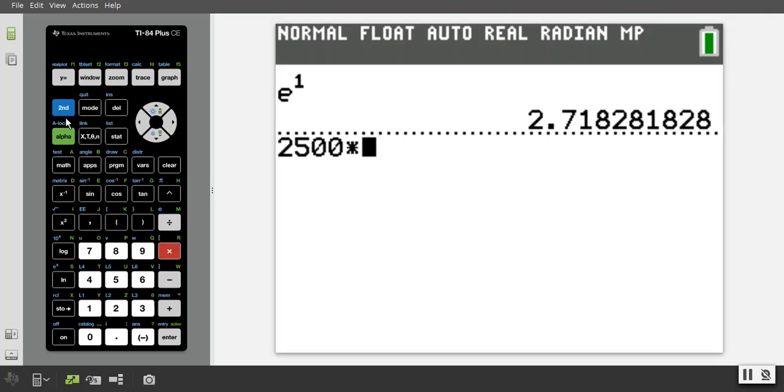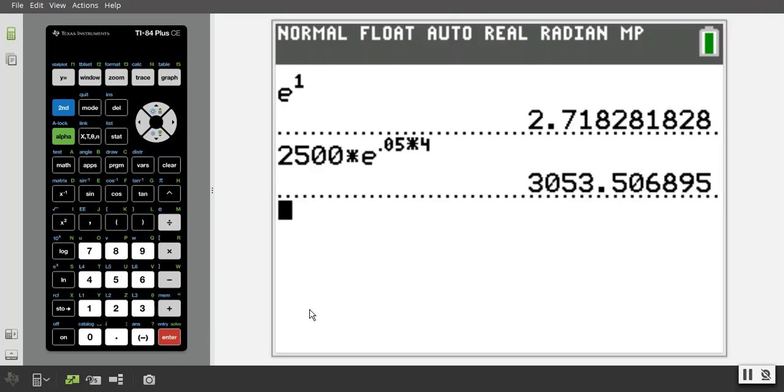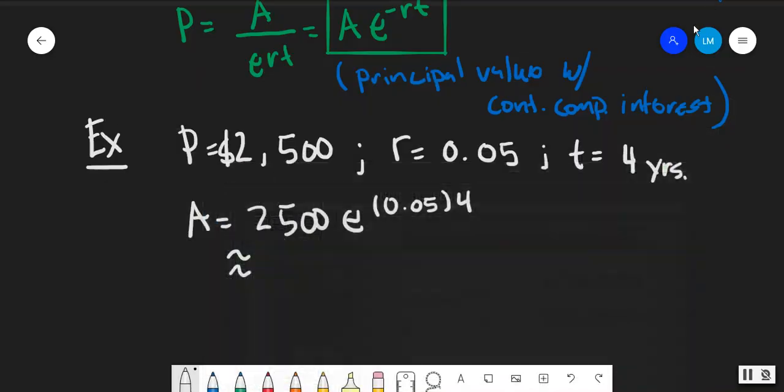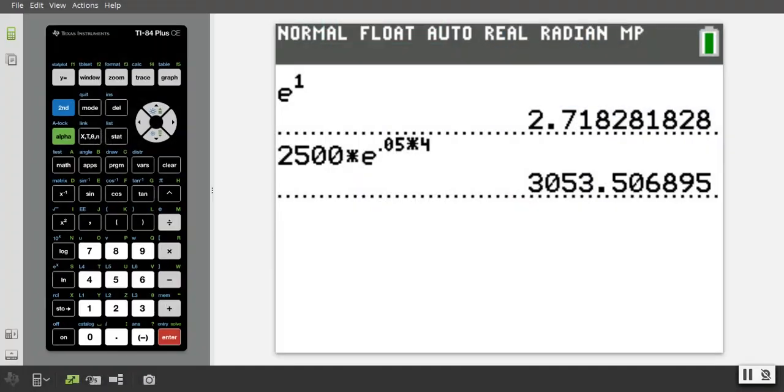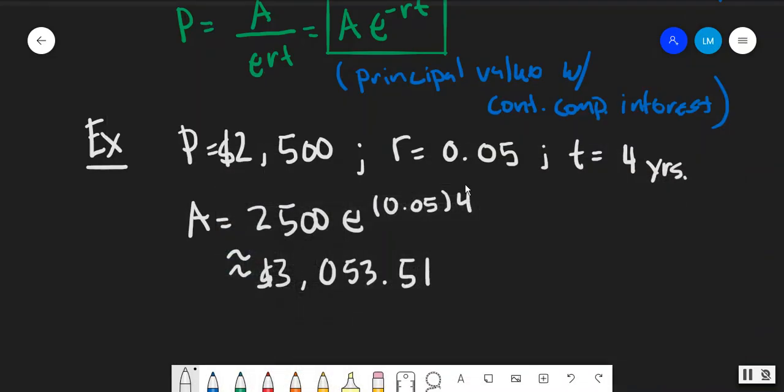So we do second ln, 0.05 multiplied by 4, and hit enter. That's 3053.51. Now that's the future value amount with continuous compound interest, mind you. So this is how much was attained.